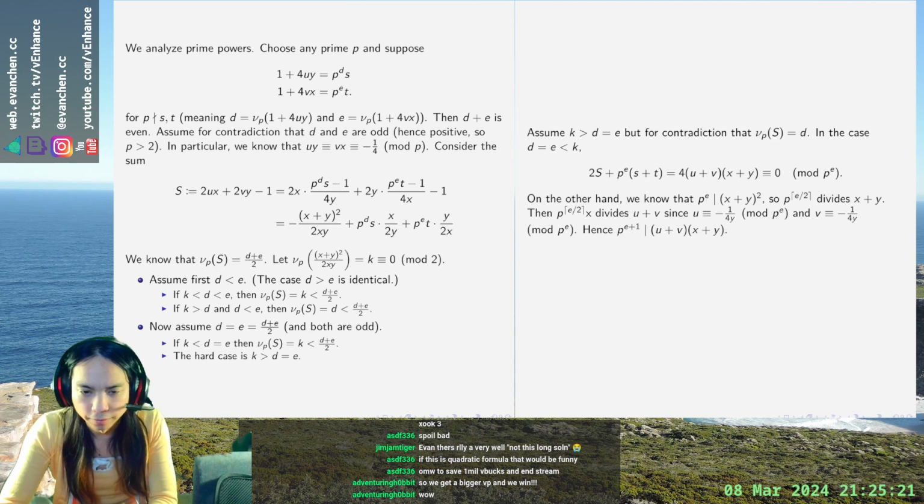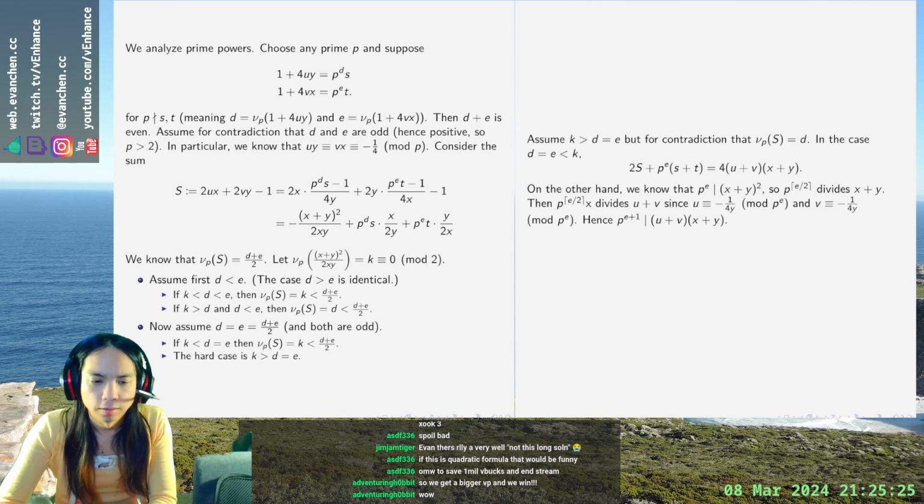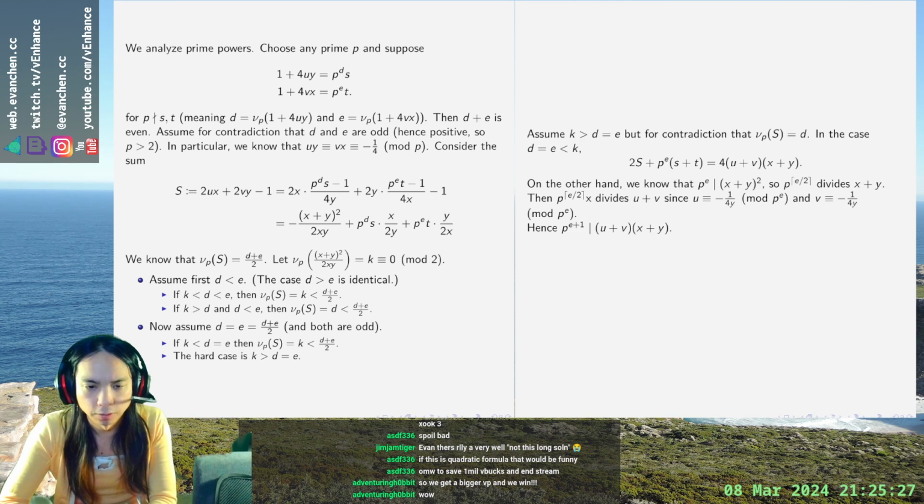Okay, forget that, this is 0 mod. So hence p to the e divides u.